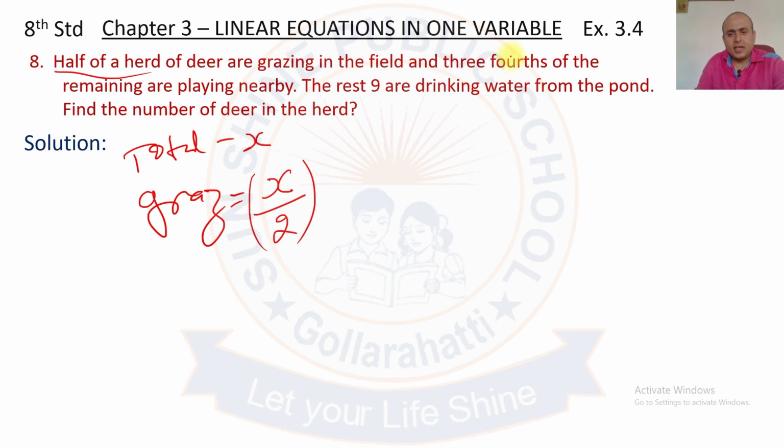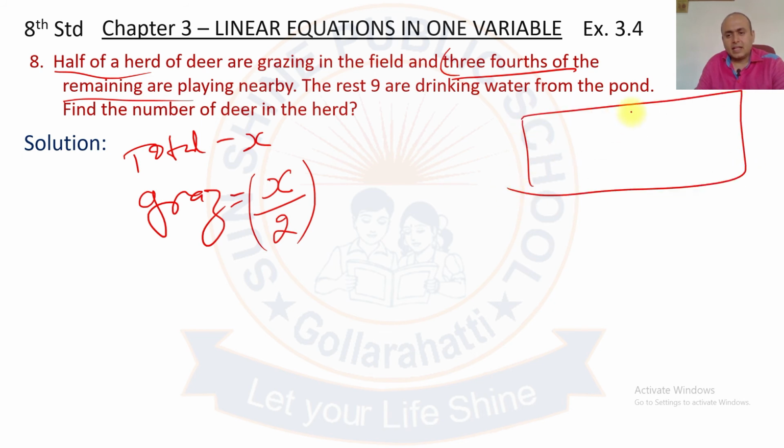And next they are given 3/4 of the remaining are playing nearby. So here half of the total is grazing, and of the remaining half, 3/4 are playing and 9 are drinking water.